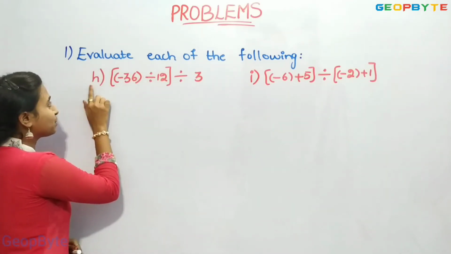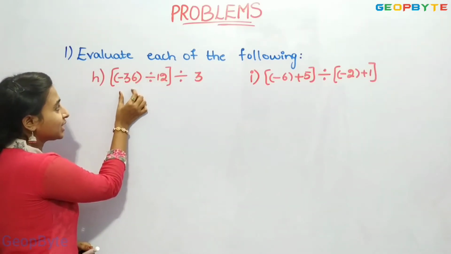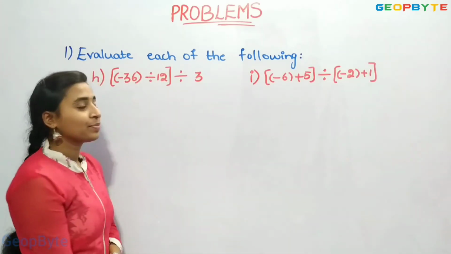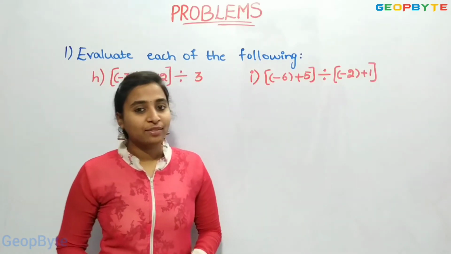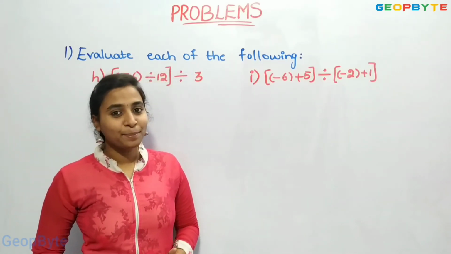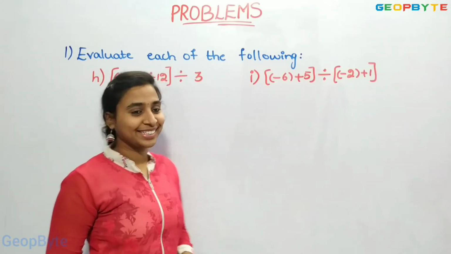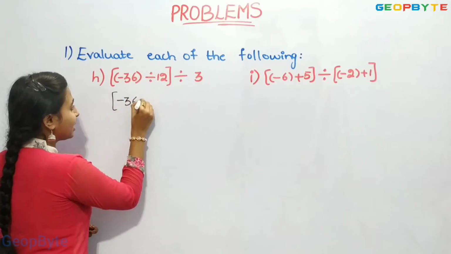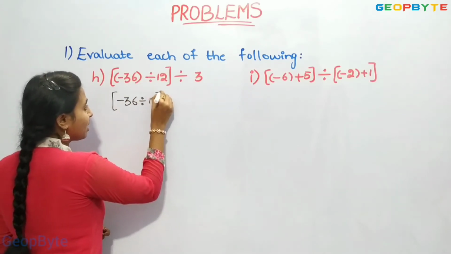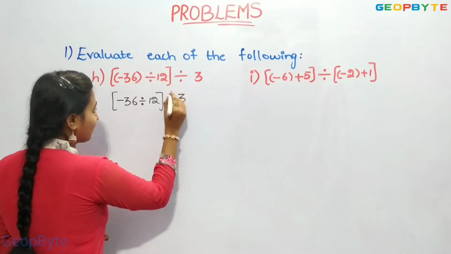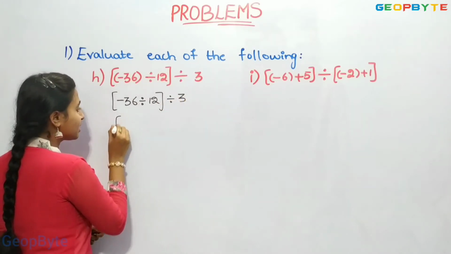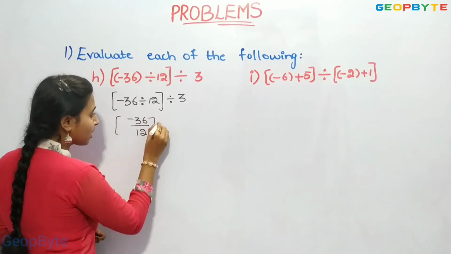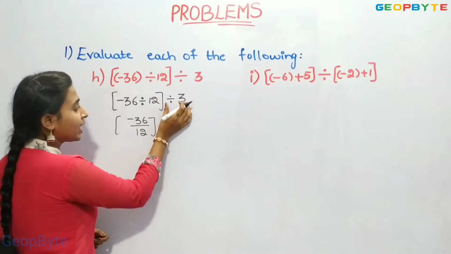Now, let us solve the last two bits in this question. We have H bit as minus 36 divided by 12 in brackets, divided by 3. As per BODMAS rule, we have to solve the numbers which are in the brackets first. So, minus 36 divided by 12, divided by 3. Write as it is.